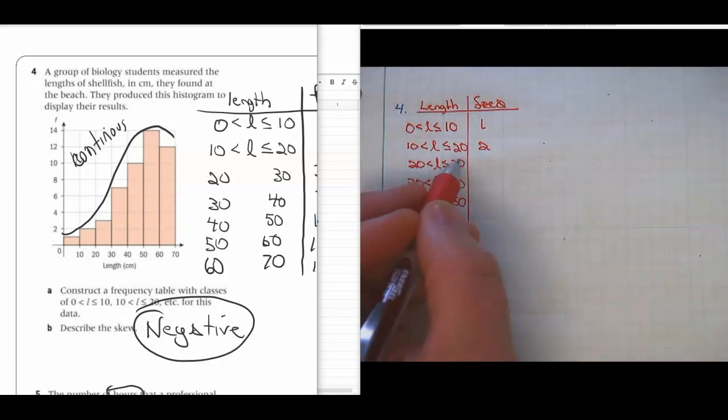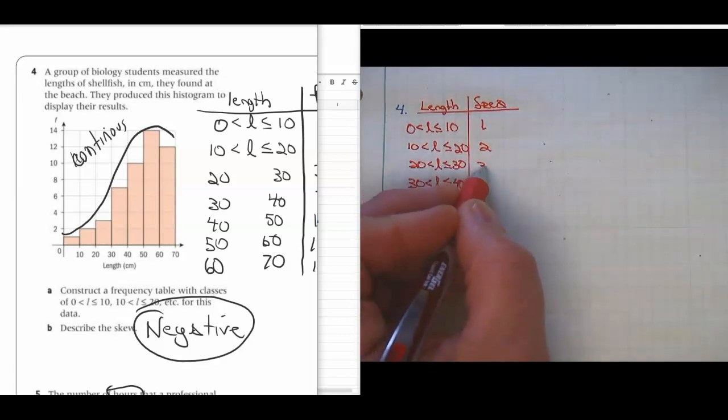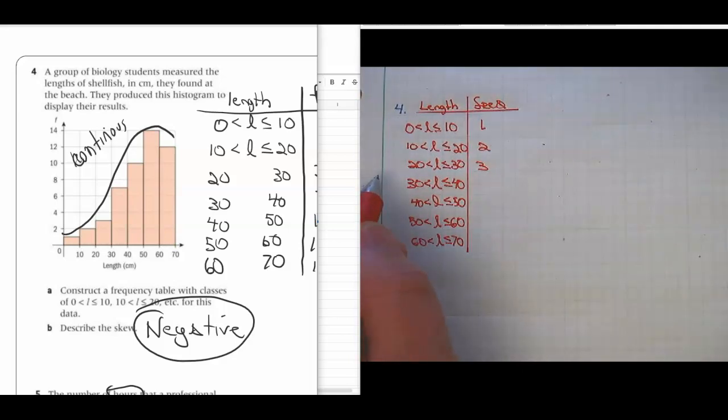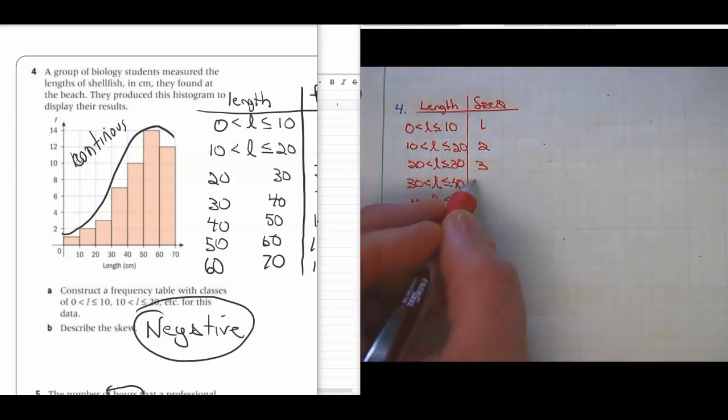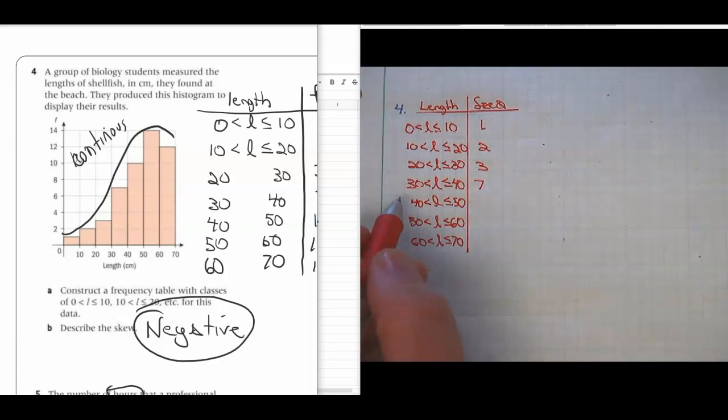And then 20 to 30 is 3. 30 to 40 is 7. 40 to 50, 10. 50 to 60, 14. 60 to 70, 12.